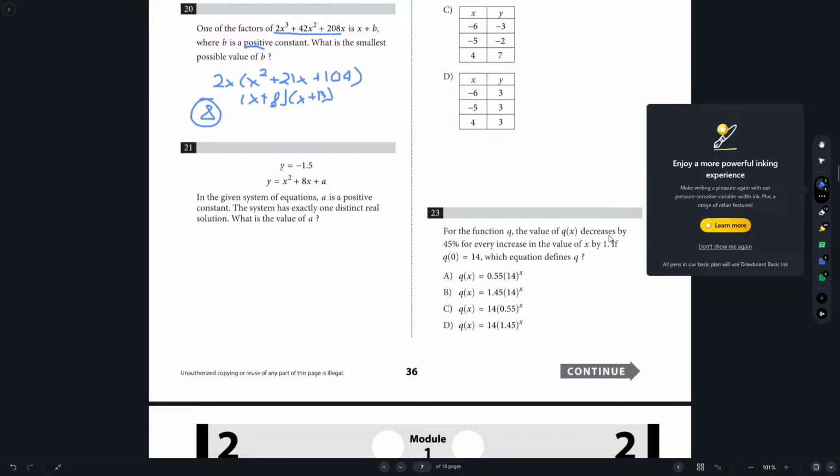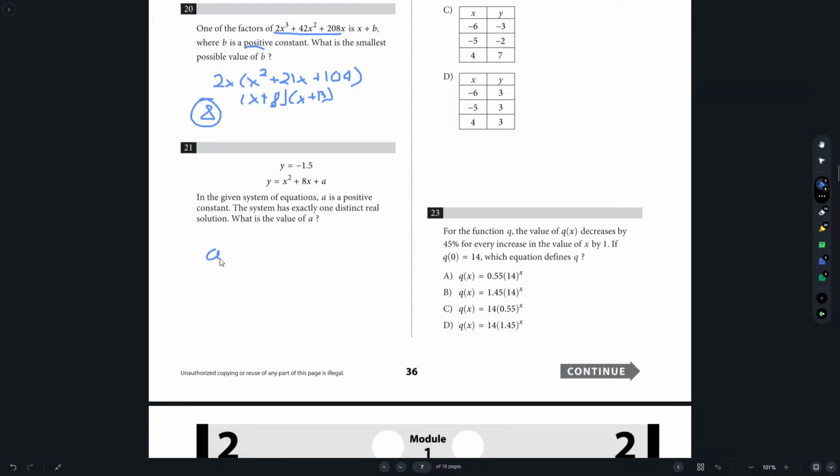Well, I guess the only thing I can really think of is, if a is positive, I guess it could be 7. So if a plus 1.5 is equal to 7, then we have x squared plus 8x plus 7.